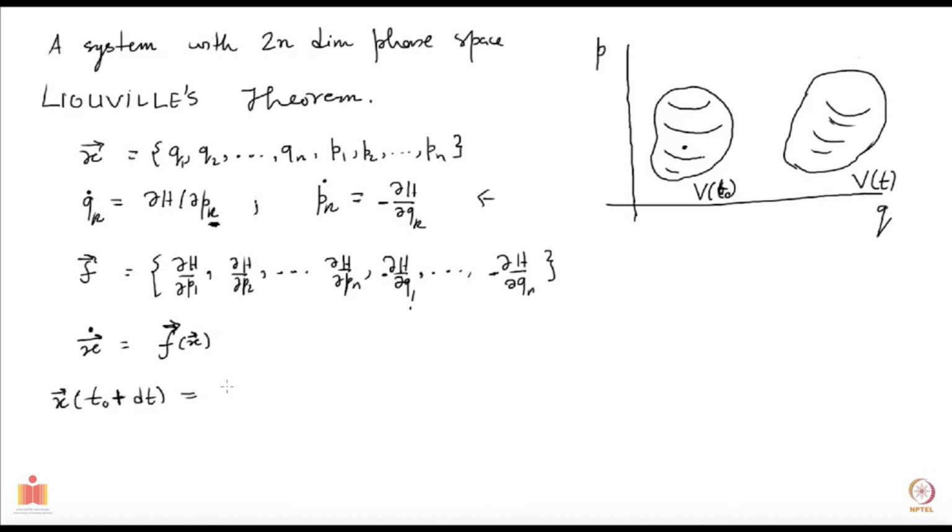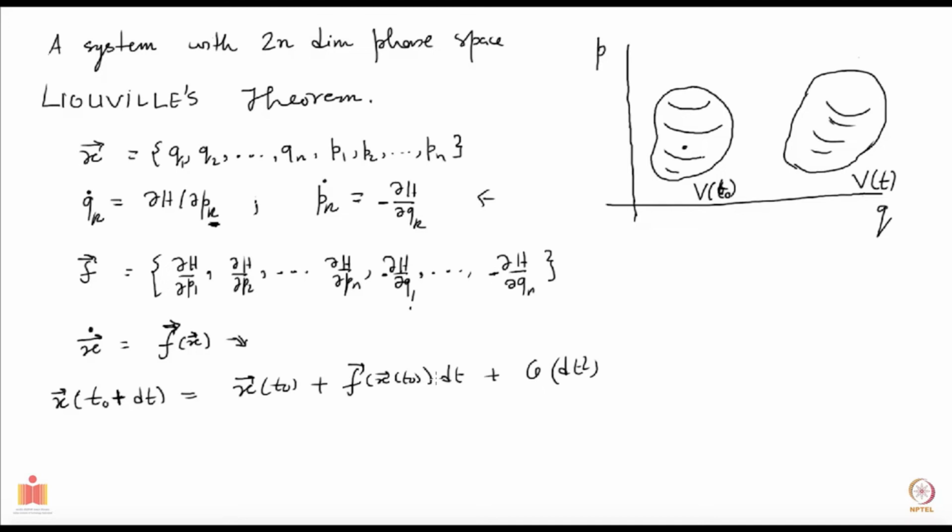And you can write this as x of t naught plus f of x at t naught times that small time interval dt, and then you will have all the higher order corrections. Right? This is just this equation solved near t naught.